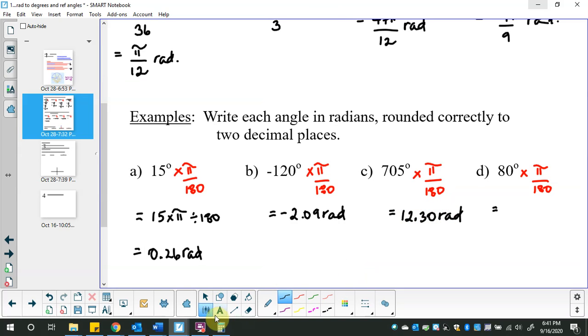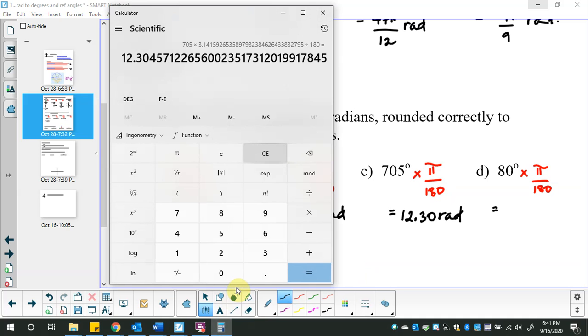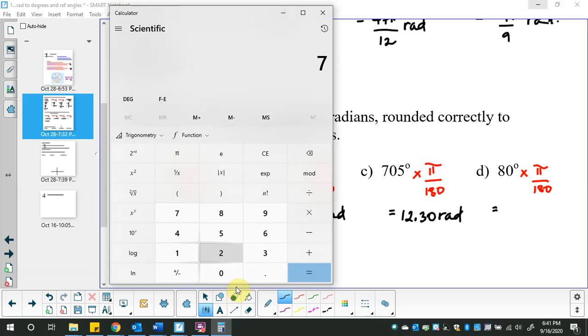And just for fun, I use the pi button. 705 times 3.14 divided by 180 is exactly the same, but you can see how it's a little bit off when I don't use the pi button.